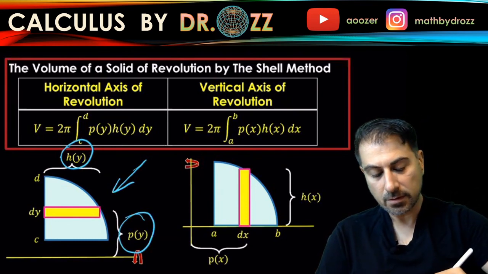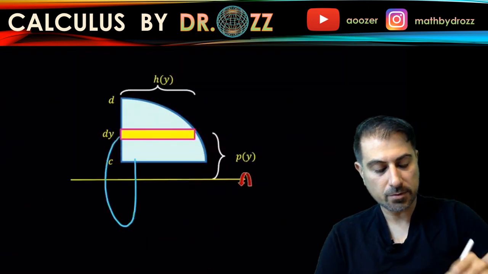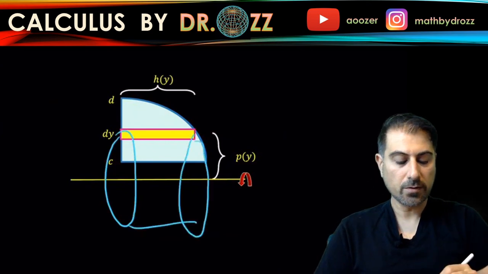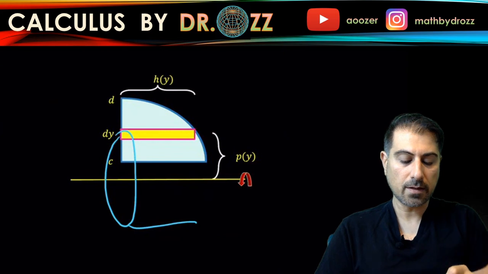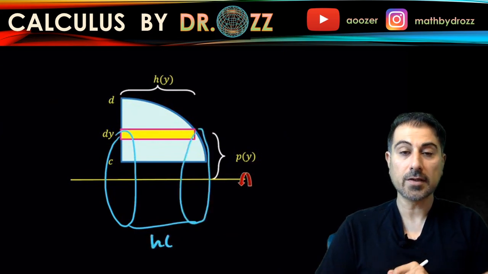So after the revolution here, you need the h of y and the radius of the shell.